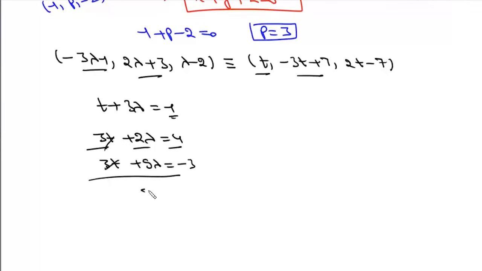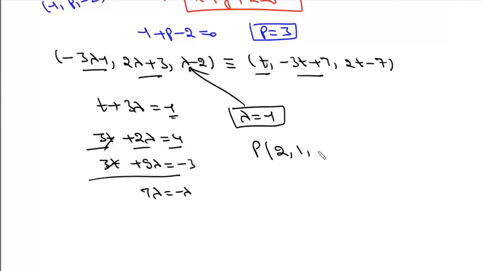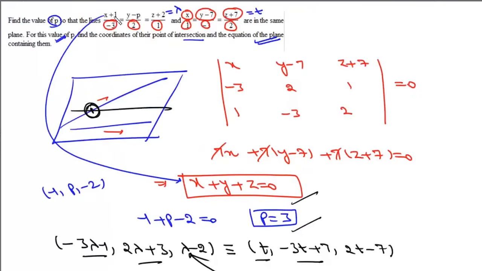We get 7 lambda equals minus 7. So value of lambda is minus 1. Now if we put lambda as minus 1, we'll get this point of intersection, and this point of intersection will be (2, 1 and minus 3). So now we have value of p, equation of this plane and their point of intersection, which is what we need to find in this question.